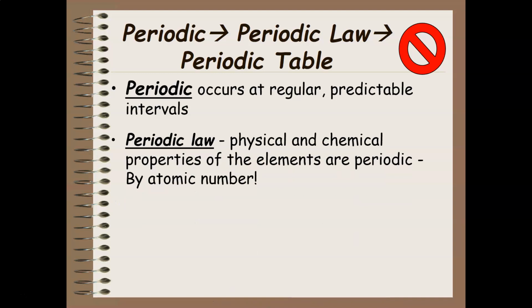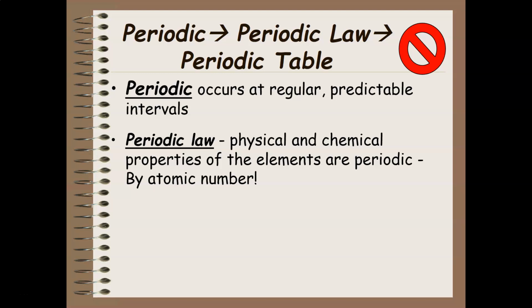The periodic law helps us figure out how the physical and chemical properties of the elements are going to be based on the pattern of where they fall in the periodic table. There is a predictable and regular pattern to them. And what we are going to be learning is that it's based on their atomic number.